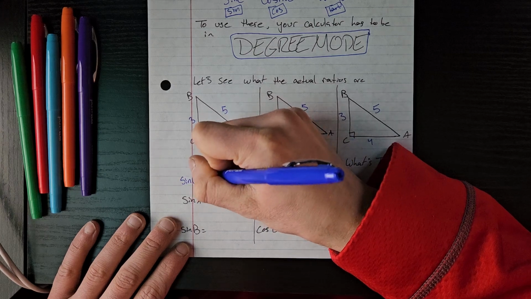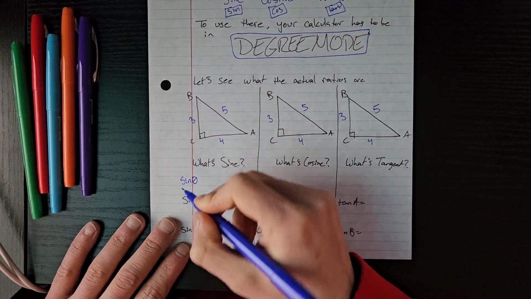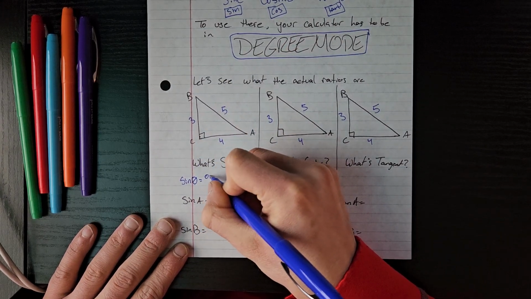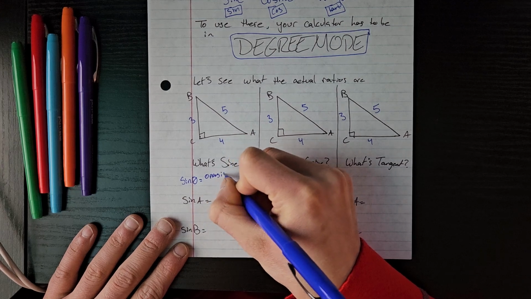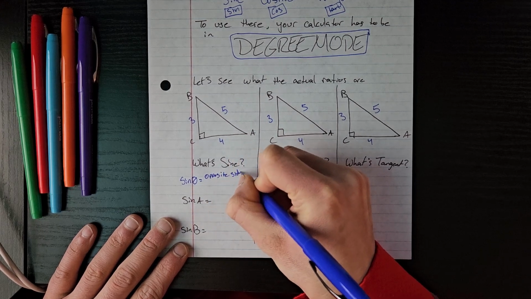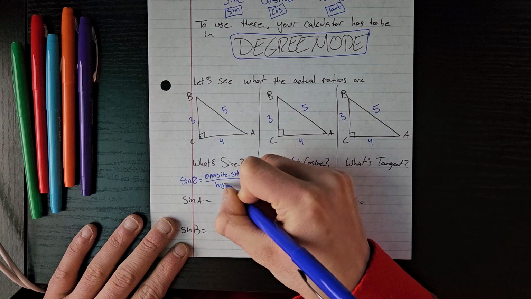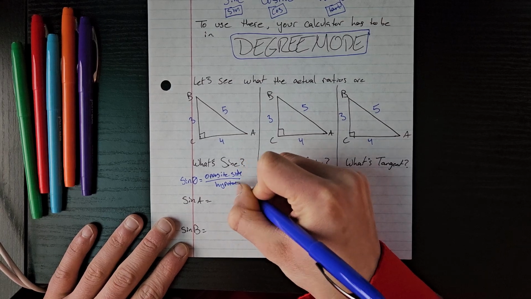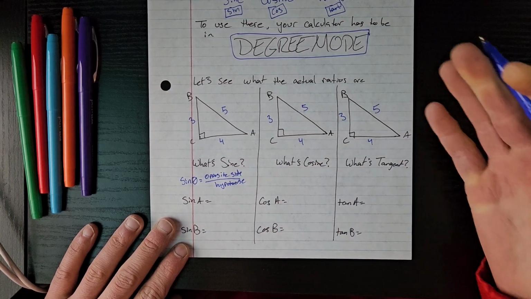We call it theta. So I'm going to have sine of theta is equal to the opposite side over the hypotenuse. This is the ratio for sine.